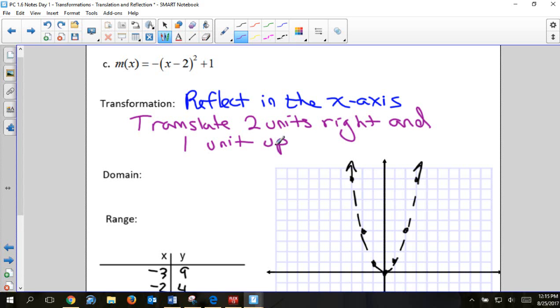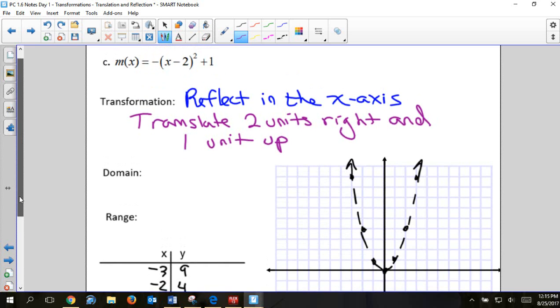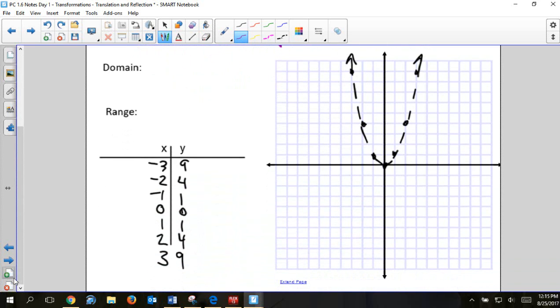Now when we go to put this in the table, or if we go to graph it, do you do multiplication first, or do you do adding, subtracting first? Do you multiply first? So if you're doing this without a table, you've got to do the reflection first, and then the adding, subtracting, the sliding. But I'll do it in the table and on the graph. So I'm going to multiply first, and it is a reflection in the x-axis. That is a vertical reflection.